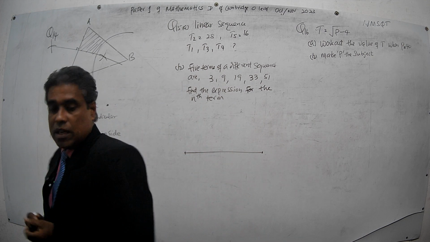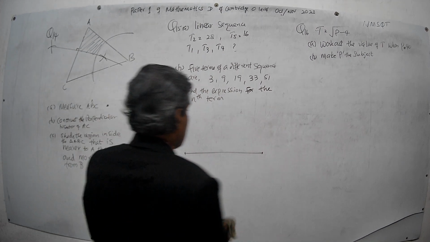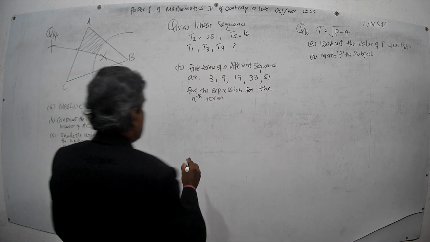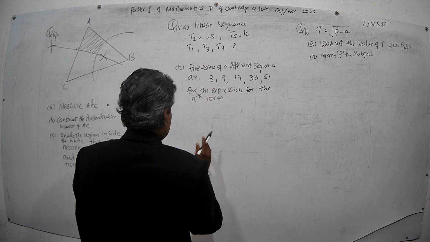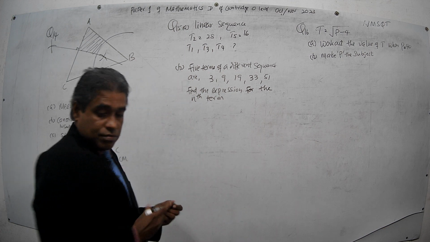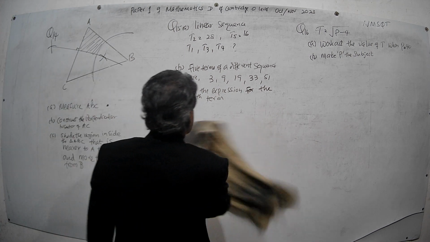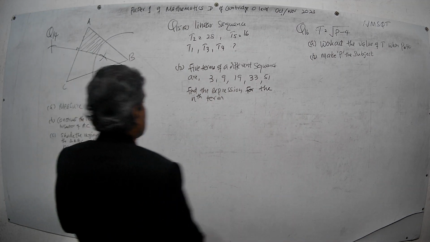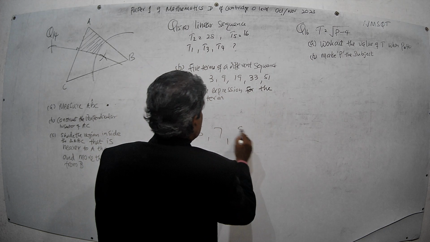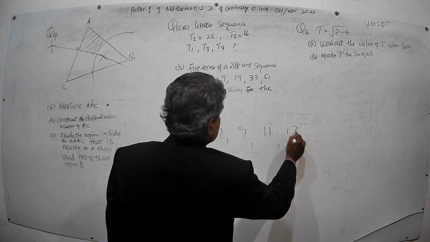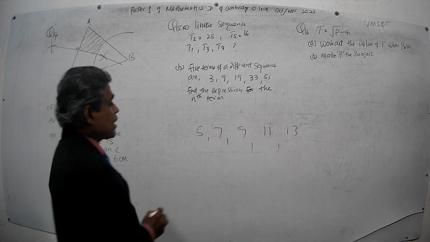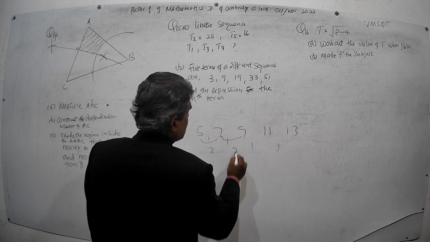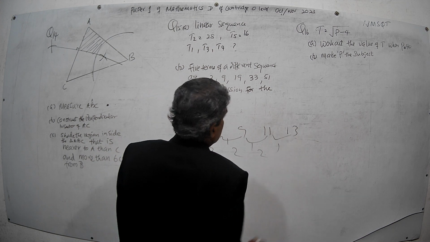Now, for example, take 5, 7, 9, 11, 13. Take the difference between every pair of consecutive terms. 5 to 7, 2. 7 to 9, 2. 9 to 11, 2. 11 to 13 also 2.